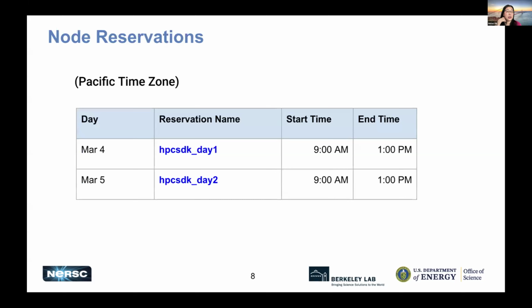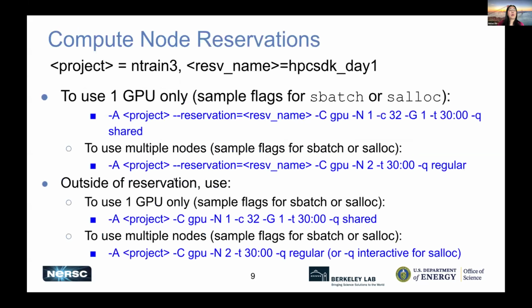We have made reservations for today and tomorrow from 9 a.m. to 1 p.m. Pacific, with the names HPC SDK Day 1 and HPC SDK Day 2. I'll tell you how to use node reservations. You're all added to the project called NTrain 3, which stands for NERSC Train number 3, with the reservation name. In a terminal, when you submit a job using either sbatch or salloc, these are the flags to use: -A, the project name ntrain3, the reservation name, and you ask for one GPU, one node.